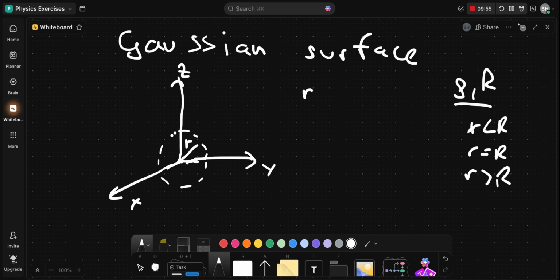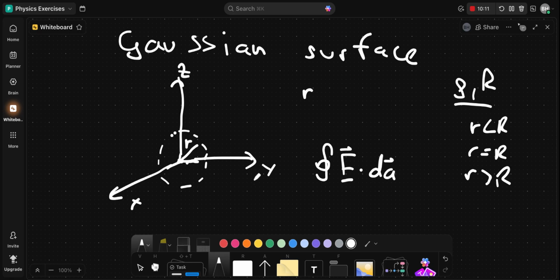But here, the only thing I want to focus on is how to calculate the left-hand side of Gauss's law in the case where we know that there's spherical symmetry.